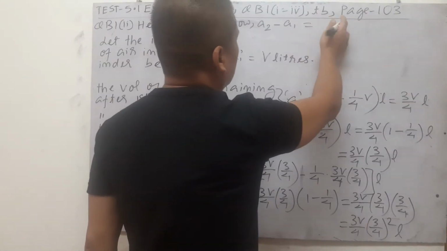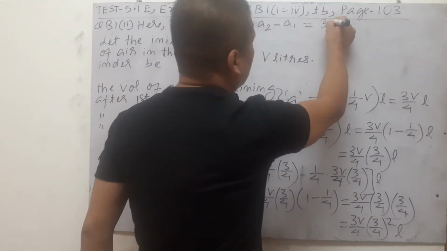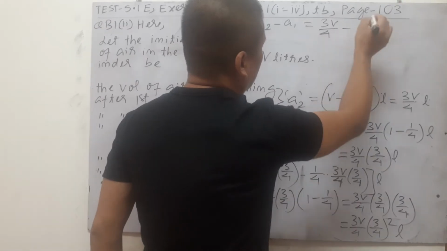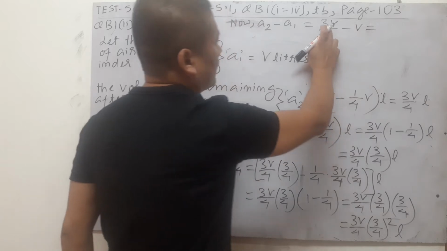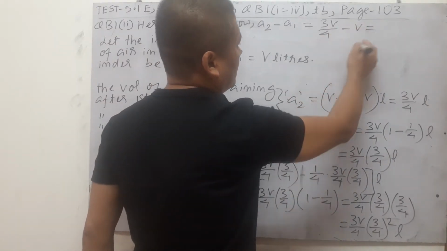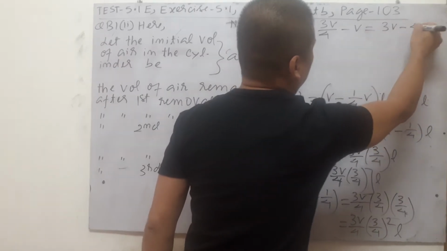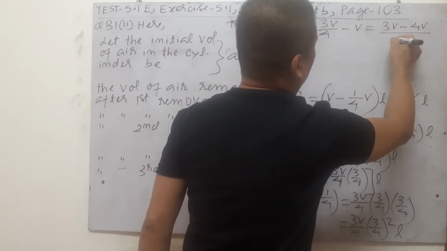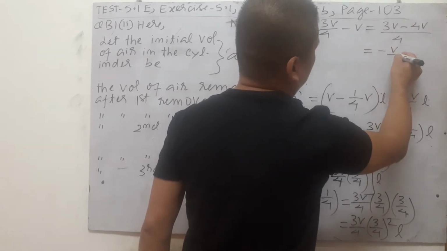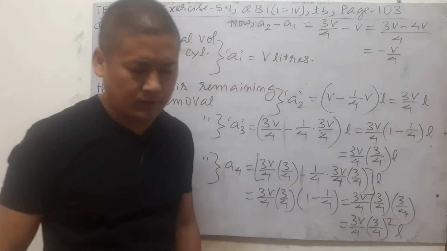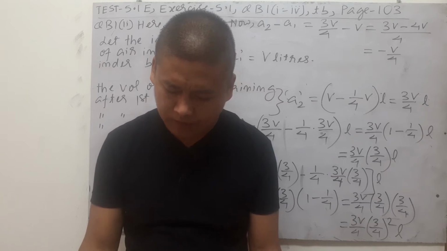So A2 minus A1: A2 is 3V by 4, minus A1, which is V. So that will be, 4 ones are 4, 3V minus 4 into V, 4V by 4. So 3V minus 4V means minus V, so minus V by 4. I hope it's the same as the textbook answer. Yes, minus V by 4.